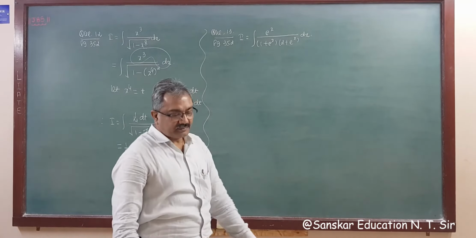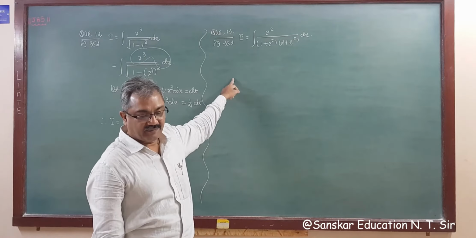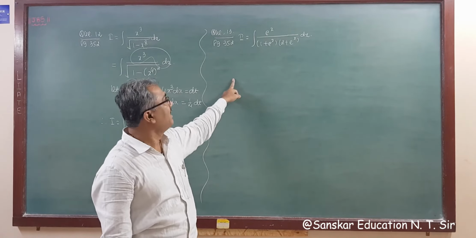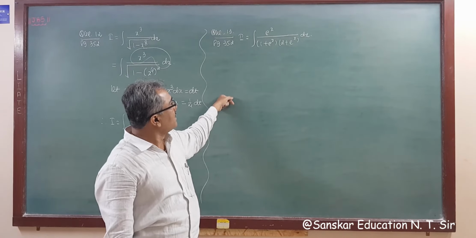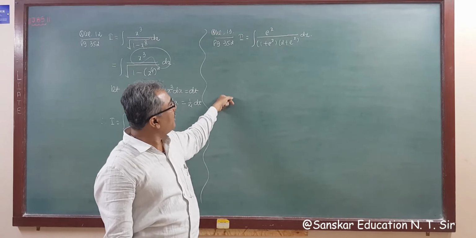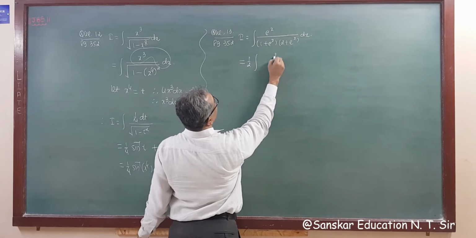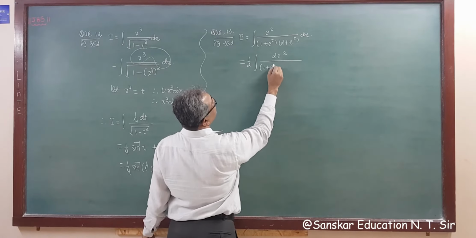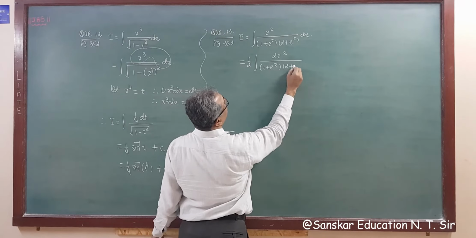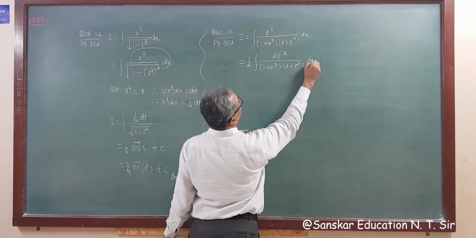Now for this, what do we have to do? This is e raised to x, right? So if we multiply and divide by 2, this is 2 times e raised to x upon 1 plus e raised to x and 2 plus e raised to x dx.